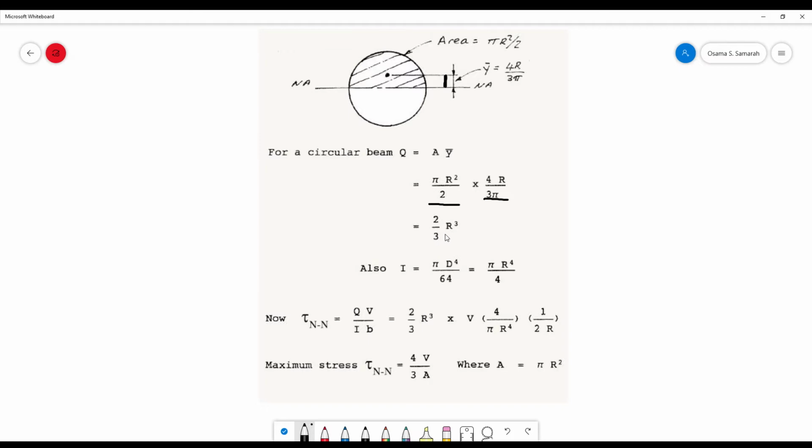And Q will come out to be equal to 2/3 r cubed. This is the moment of inertia. So VQ over It, in our case we called our thickness t instead of b. The final formula will be 4 over 3 V over A. In our case, V is F, and A here is the cross-sectional area of the entire bar, so pi r squared.